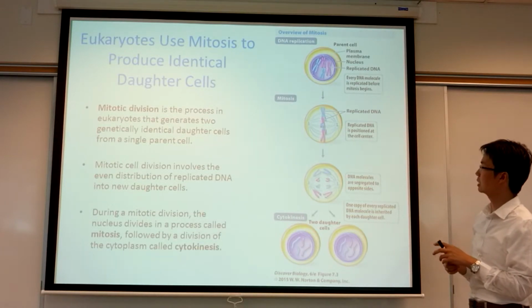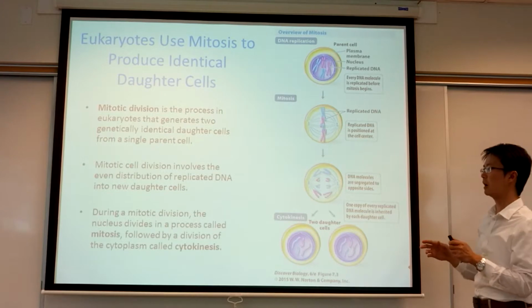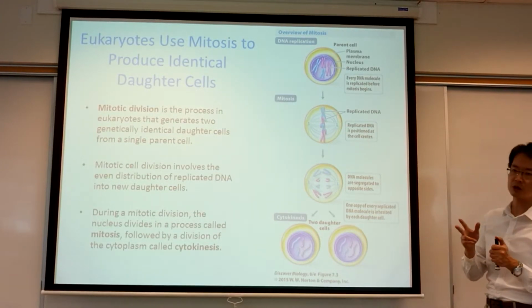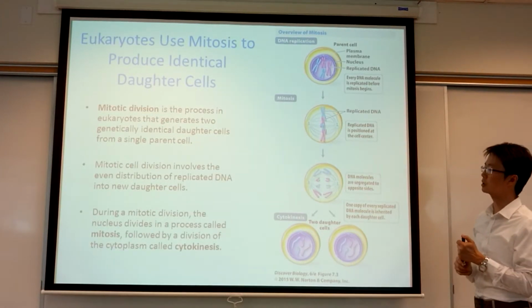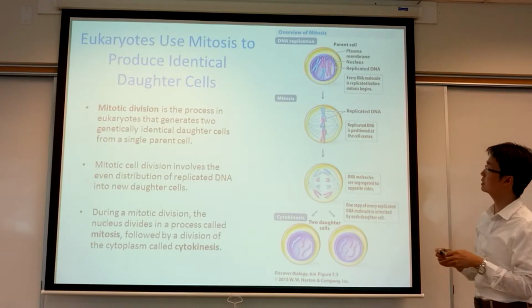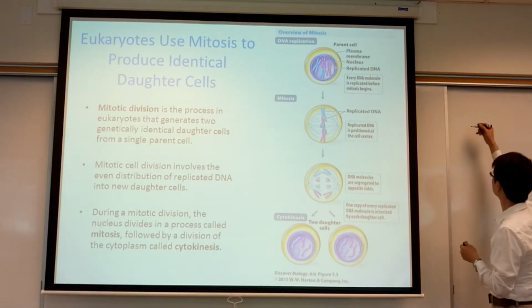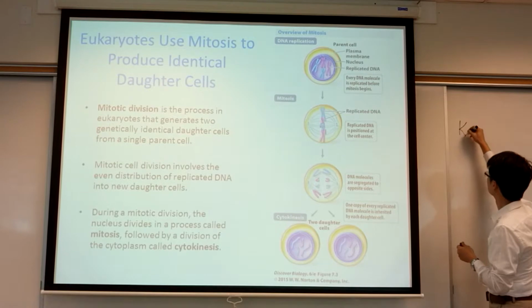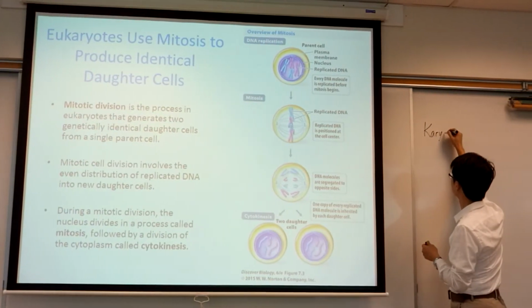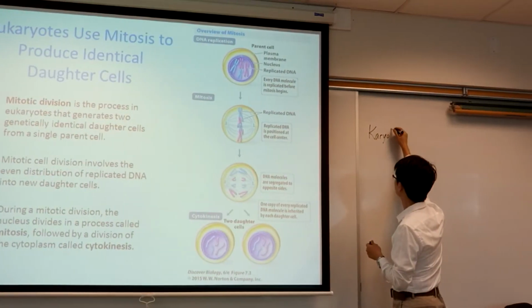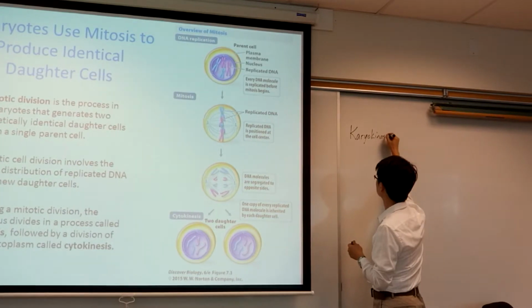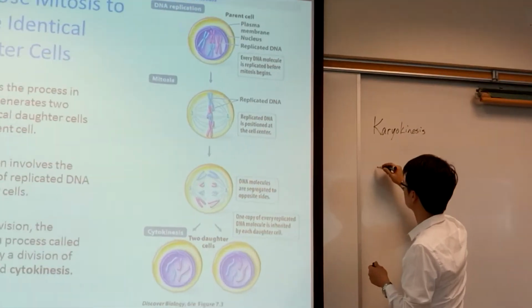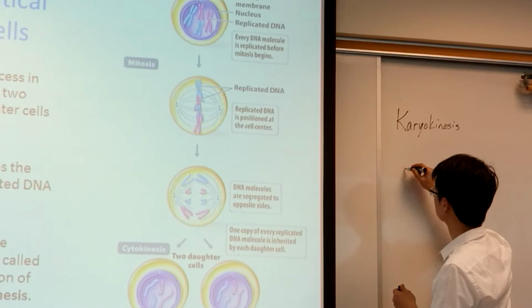You can roughly divide mitosis into two parts. One is called karyokinesis. One is called cytokinesis.